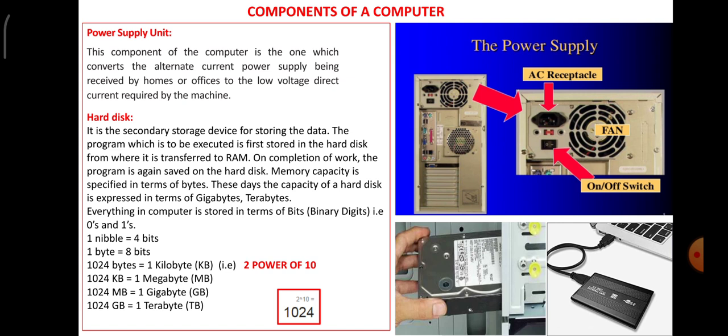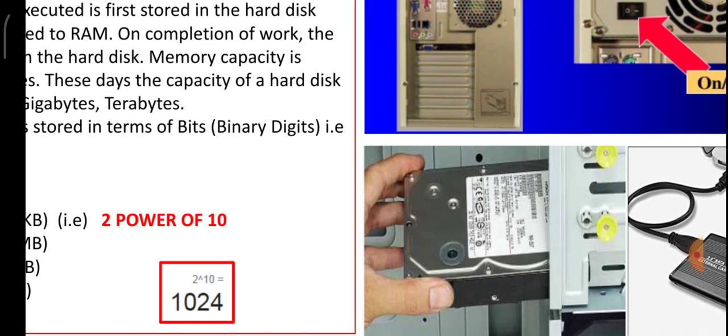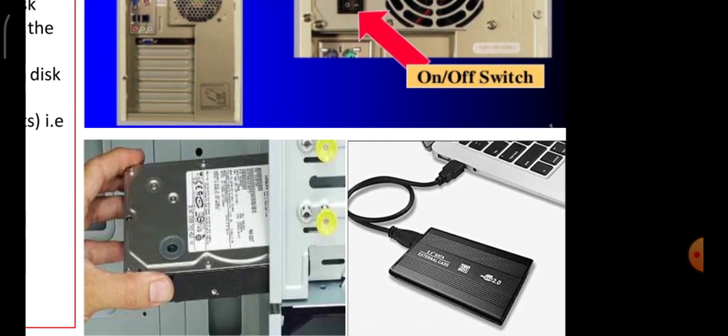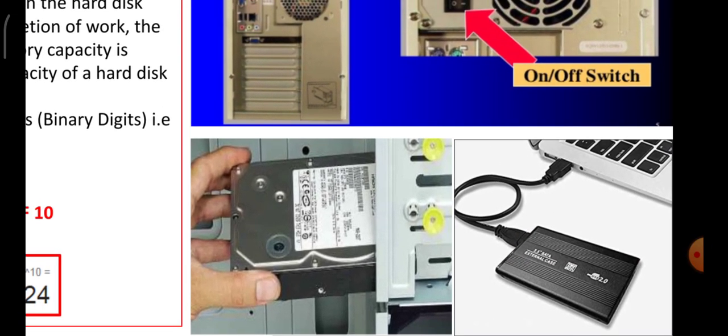And hard disk, two pictures are given. One is the inbuilt hard disk, which comes when you buy a desktop, on the left hand side. A man is holding that here, and you have another hard disk on the right hand side. You can actually use it as an external hard disk.